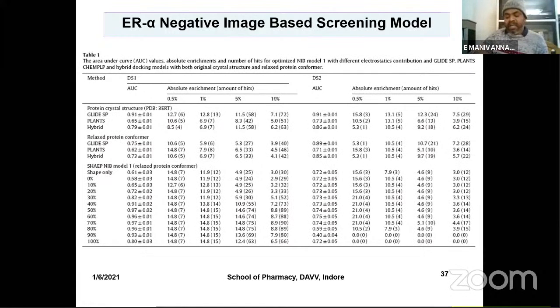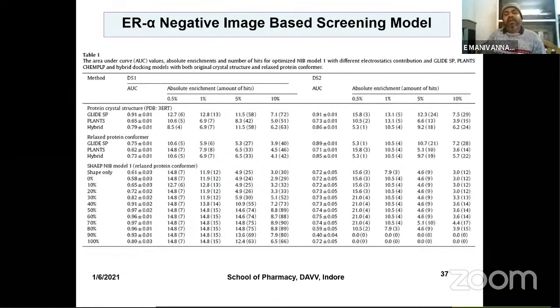The major advantage with negative image based screening is that it is a fast approach, because it just matches ligand molecules with the ligand binding cavity's shape and electrostatic complementarity.